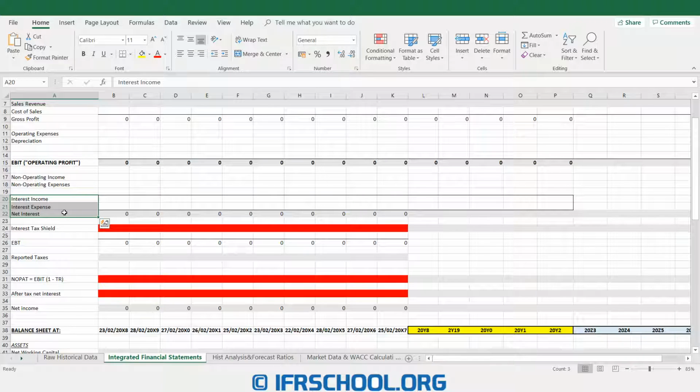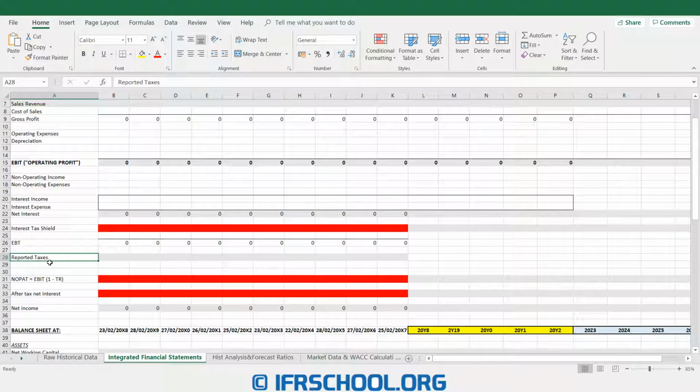I've also netted off interest income and interest expense to arrive at a figure for net interest. The reason why I've done this is due to the plug that I've chosen in the balance sheet, which is net debt. Net debt is an amalgamation of cash and cash equivalents and the long-term debt of the company. We'll discuss the concept of the balance sheet plug further in a moment.